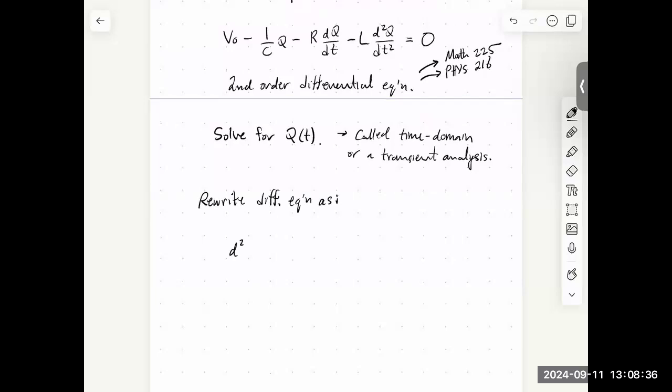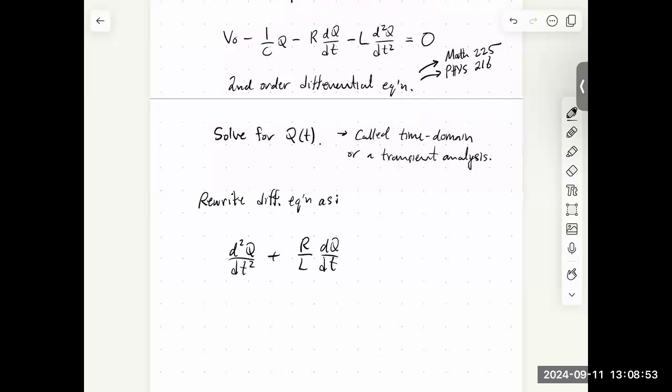So we'd have the second derivative of Q, d²Q/dt². And then we're going to have a plus, let's see, we have R, but we have to divide by L now, dQ/dt.